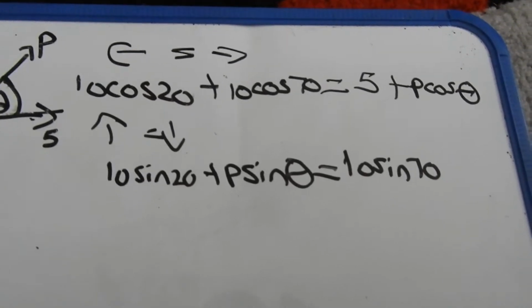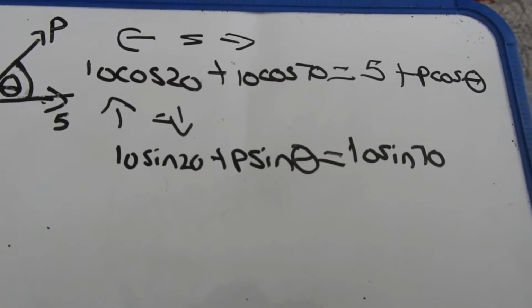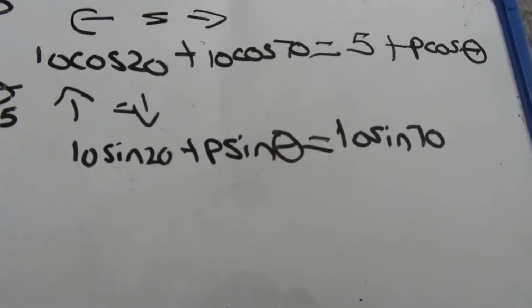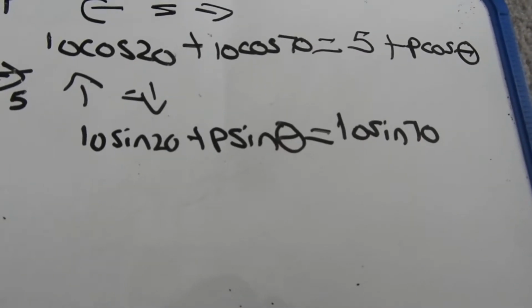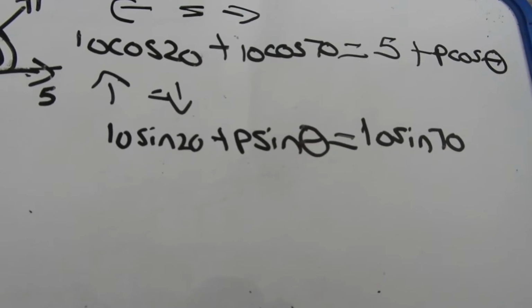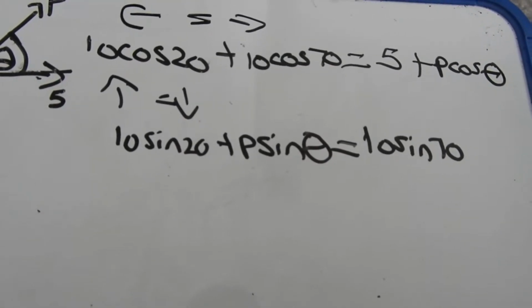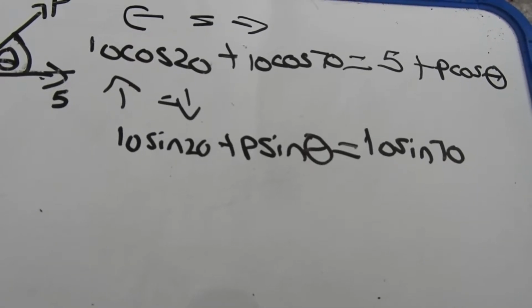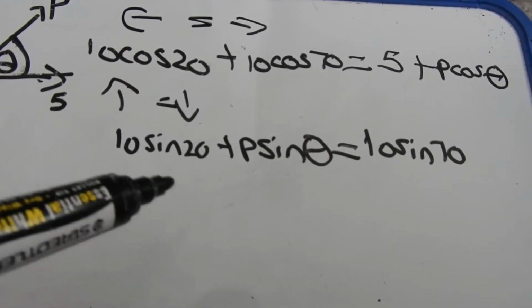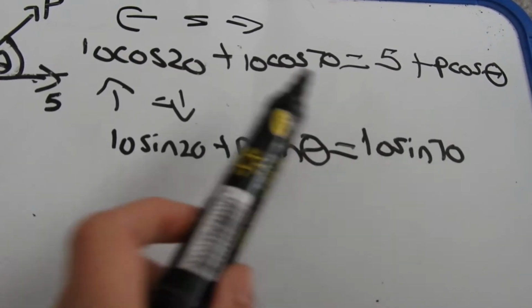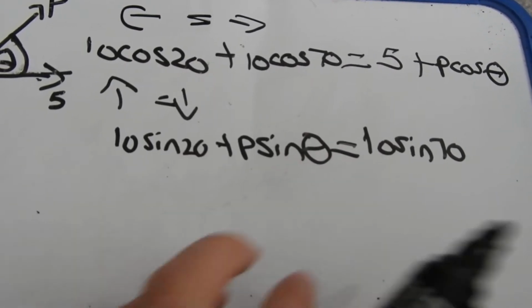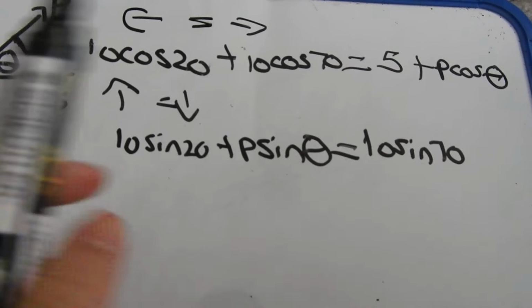Okay, now the next thing I want to do, so that's the easiest part, we want to try and find either P or our angle theta. I'm going to do the angle, but first I want to rearrange the equation to make it a bit easier for myself. So I'm going to rearrange each of these to have P sine theta or P cos theta on the same side of the equal sign.